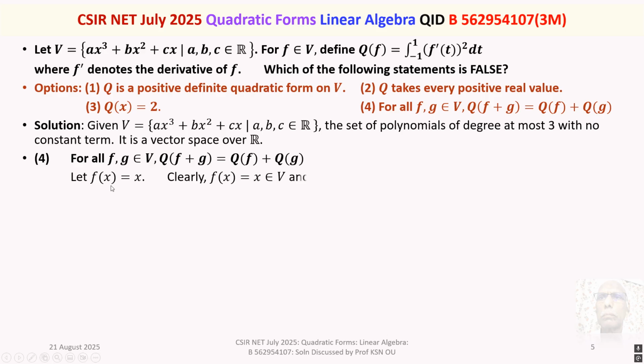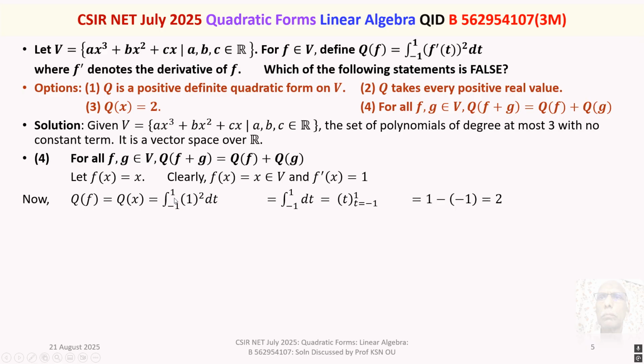Let f of x is equal to x. Yes, f of x is equal to x belongs to V. A is 0, B is 0, C is 1. So x belongs to V. So then f prime x is 1. Then Q of f, that is Q of x by definition, integral -1 to +1, f prime t squared dt, that is 1 square dt, that is integral minus 1 to plus 1 dt.